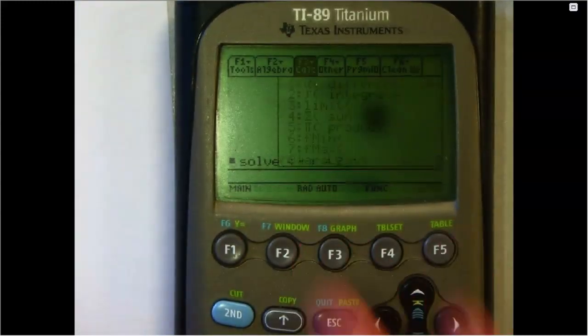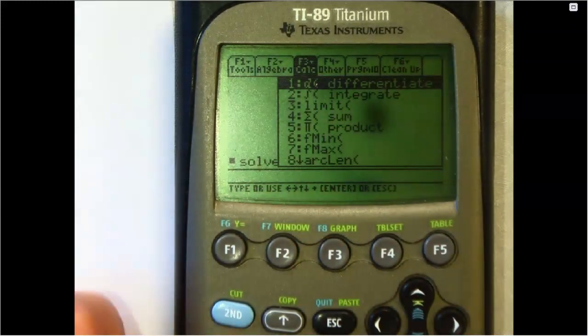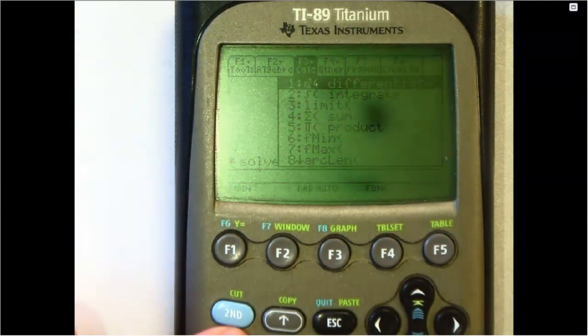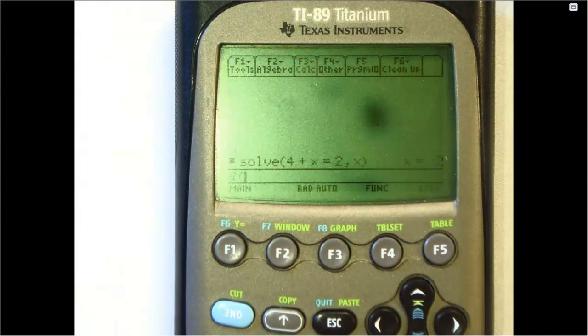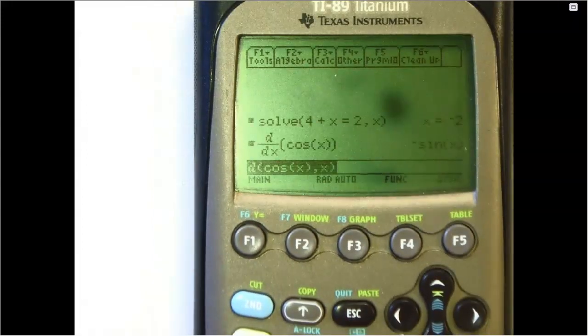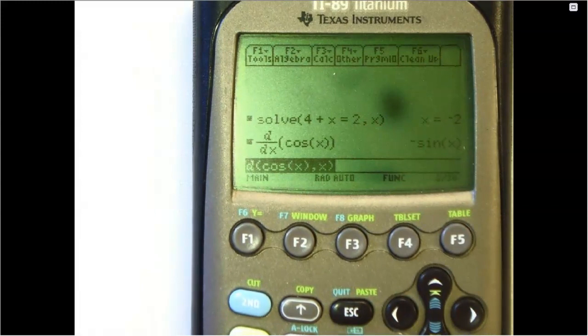So if you go to F3, and then differentiate, you would type in cosine of x. And again, put comma x because you're telling the calculator what variable you want. Then hit enter. It should tell you negative sine of x, which I know you all know.